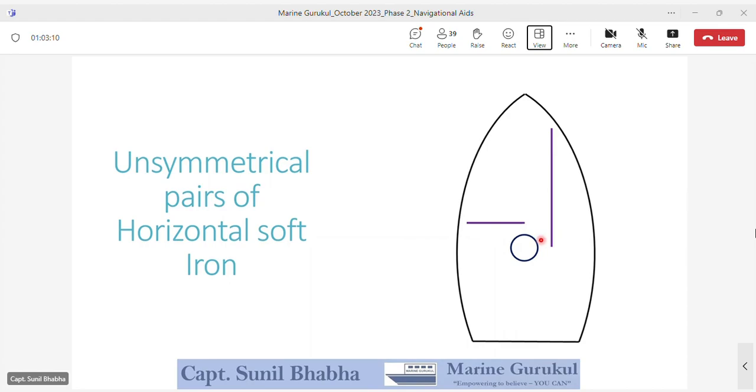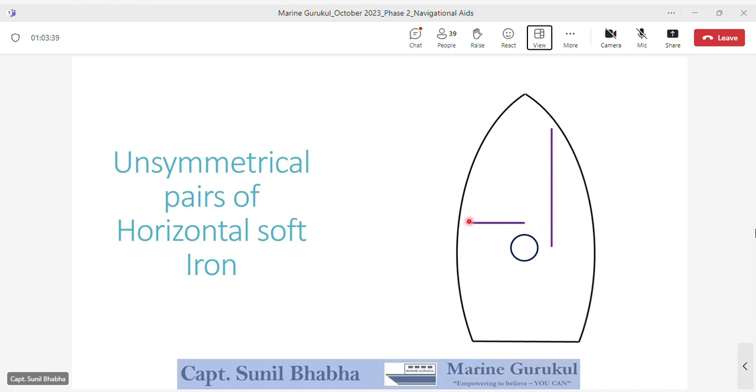If you look closely, the fore and aft HSI which we have is present only forward of the compass location. The circle which you see in the middle of the ship is representing the compass, the binnacle, and the HSI in the fore and aft orientation is only present forward of the compass and it is not there aft of the compass. This kind of HSI is known as unsymmetrical HSI.